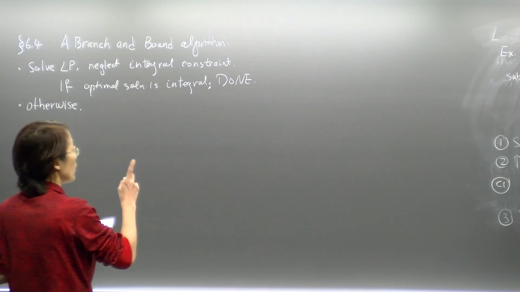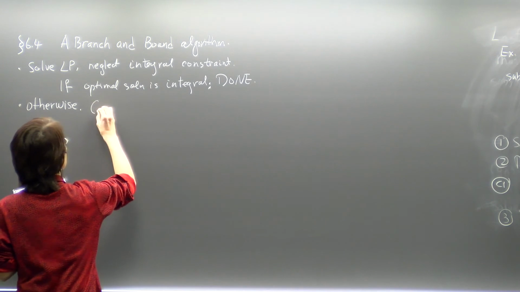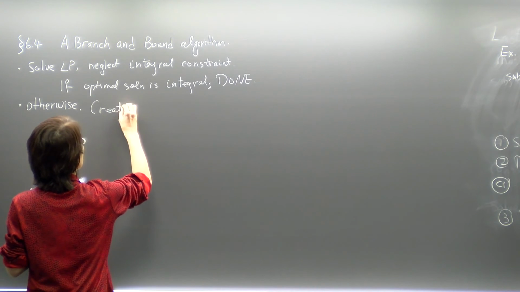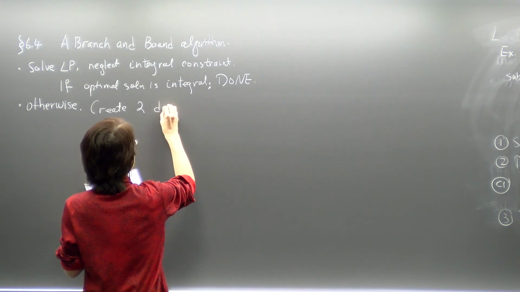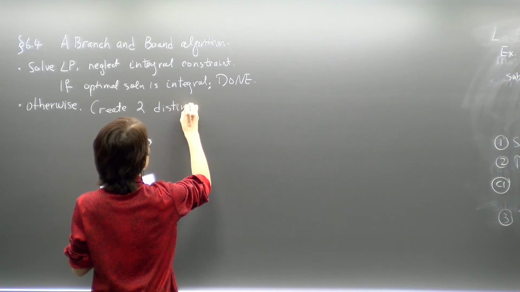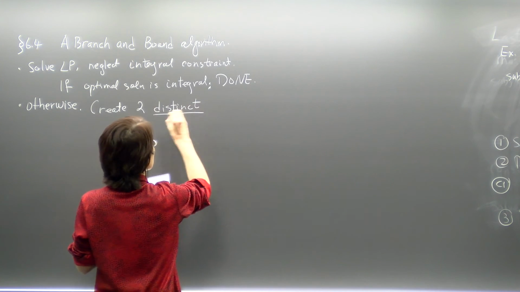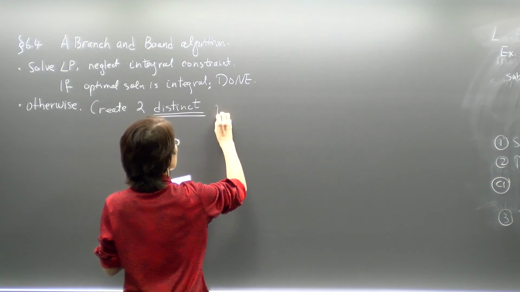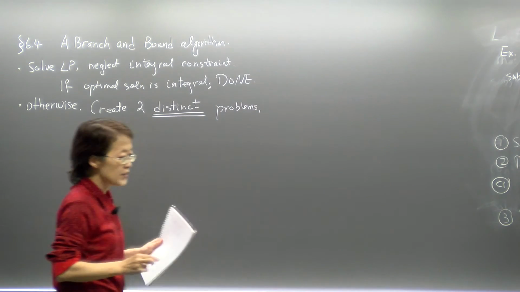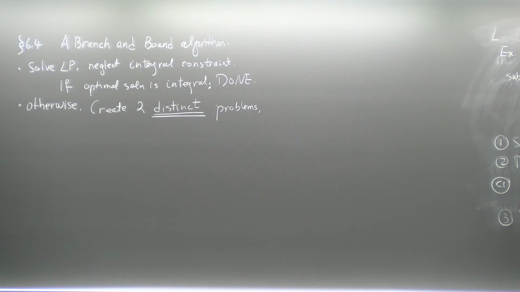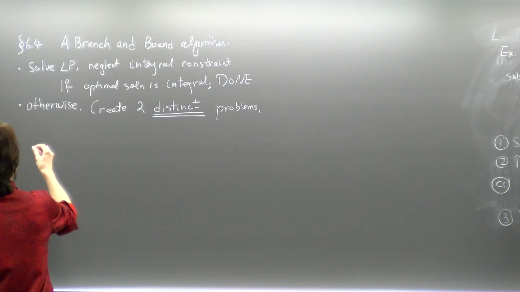Okay, so now I will create actually two new problems, and they will be very important. They'll be distinct. Okay, let me underline that. I will make two new problems. They're distinct, meaning their feasible regions do not overlap at all. Okay, it's disjoint.